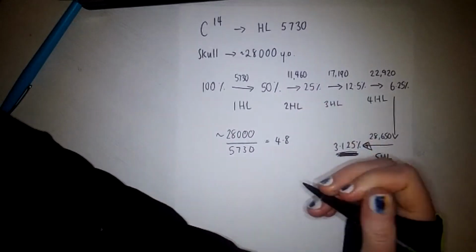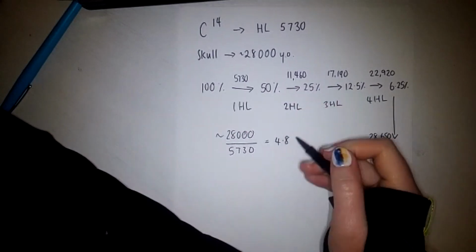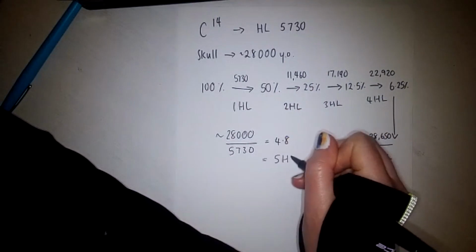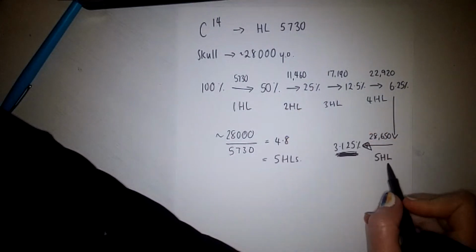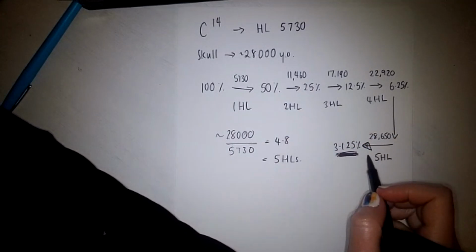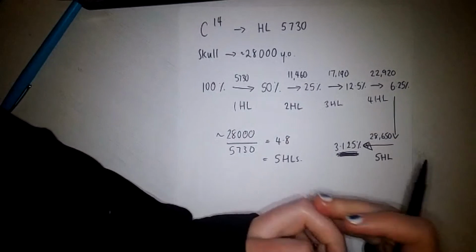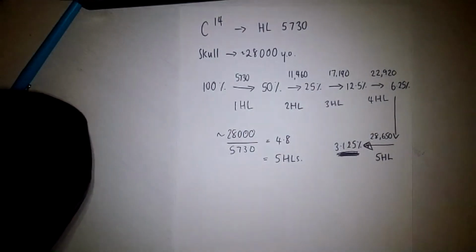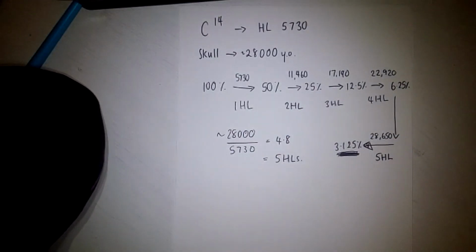Well, 4.8 is about 5, isn't it? If we were rounding it up, that's 5 half-lives. So that tells you how many times you need to half it. So just half 28,000 5 times, and that's where you'll get to. But that's another way of doing it. And that is particularly hard. It isn't easy in places.